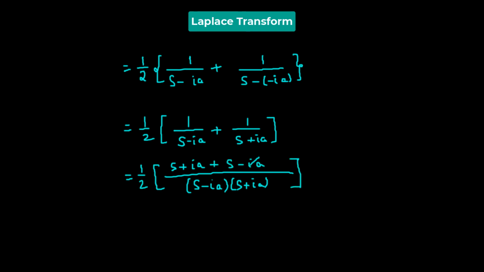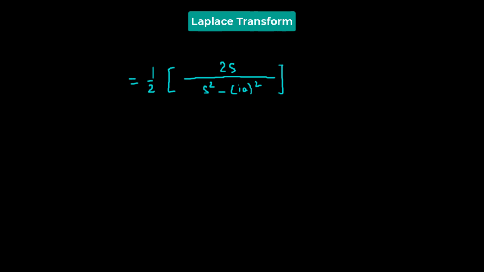So the ia and ia get cancelled. We have half multiplied to 2s in the numerator divided by s minus ia times s plus ia. So it has the form s squared minus ia whole squared.